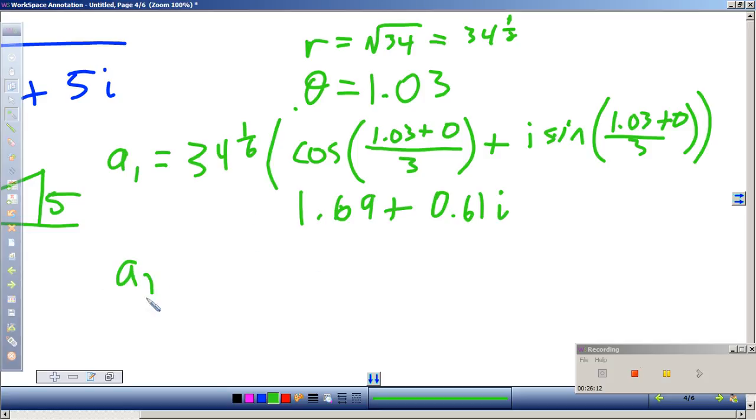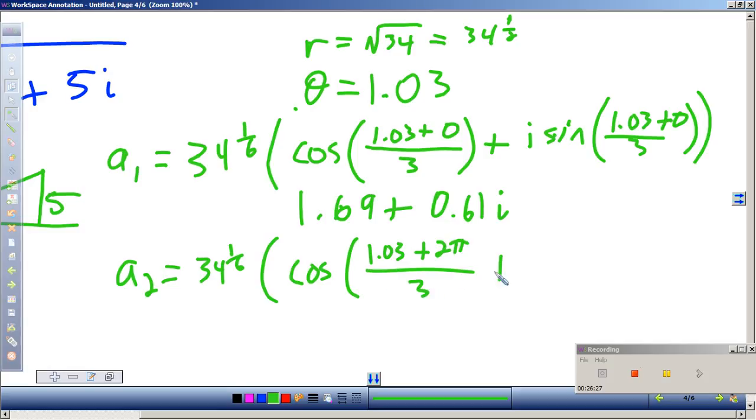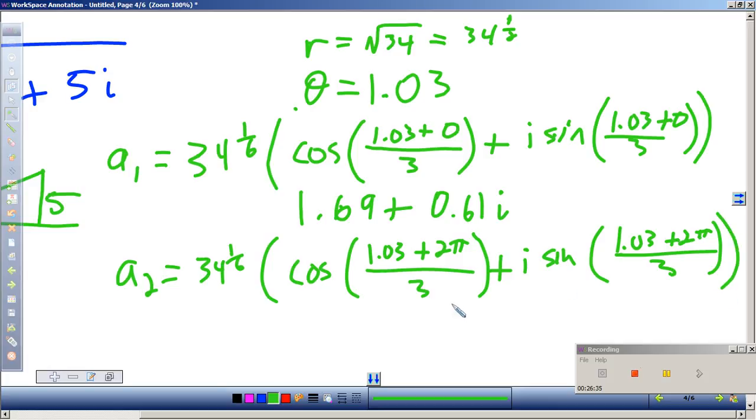So a2 will equal 34 to the 1/6 cosine of, note, theta does not change, but now we're plugging in 1, so it's going to be 1.03 plus 2 pi over 3, plus i sine of 1.03 plus 2 pi over 3. Does that make sense, what we changed there?